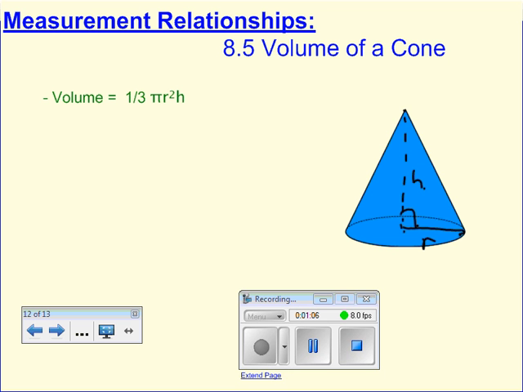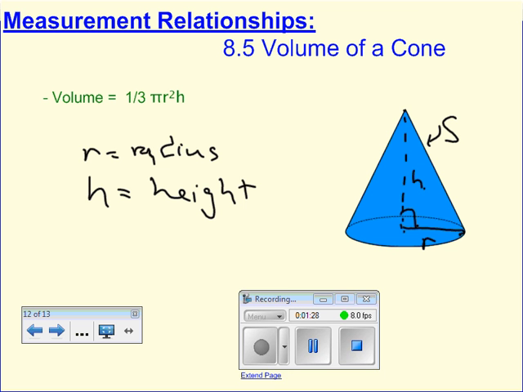So we have the r, we have the h. We also have the slant s, which is the length from the vertex all the way down to where the circle is. So we have our volume here, r is radius, and h is my height of my cone.